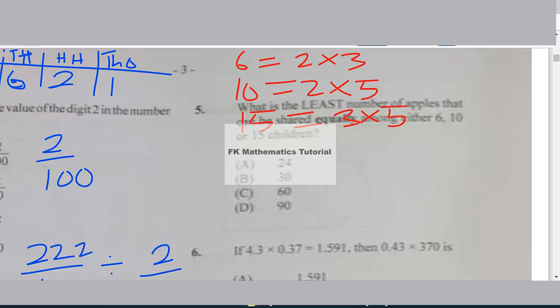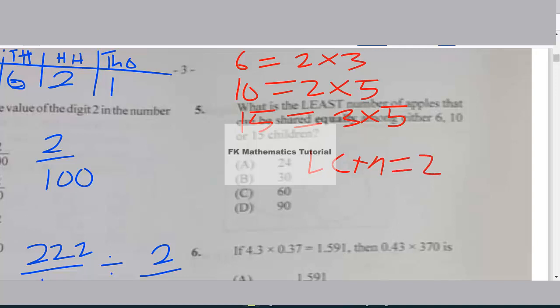So the LCM, we pick the highest of each of the factors and multiply. So 2 is the highest throughout, so we will get 2 times.